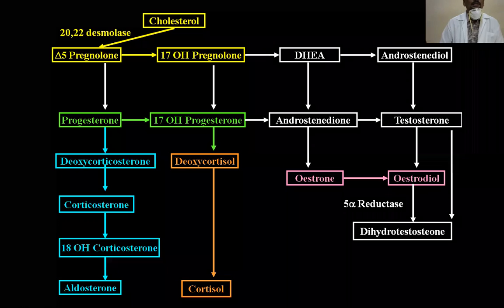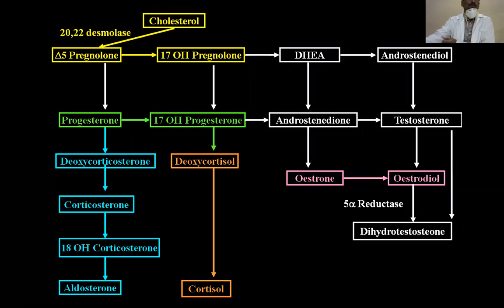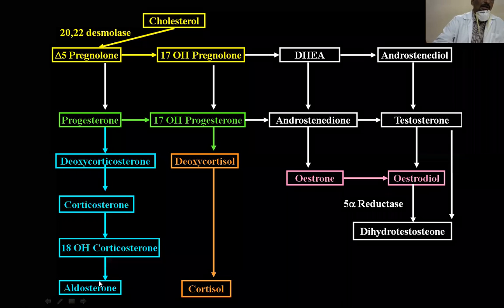From pregnenolone, progesterone is synthesized, and by the action of desmolase, from progesterone, again corticosterone as well as 18-hydroxycorticosterone as well as aldosterone are synthesized sequentially.